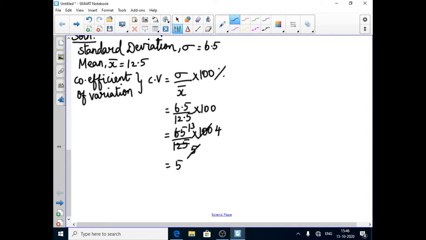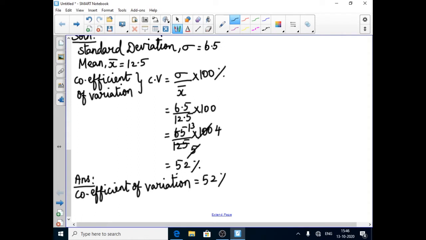So the answer is 52%. So the coefficient of variation is equal to 52%. Just apply the formula.